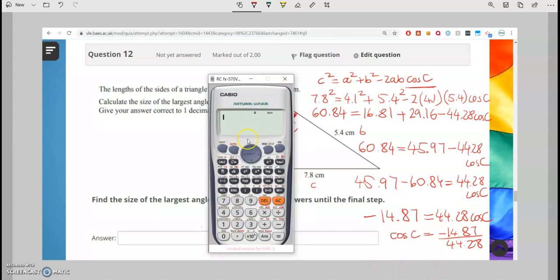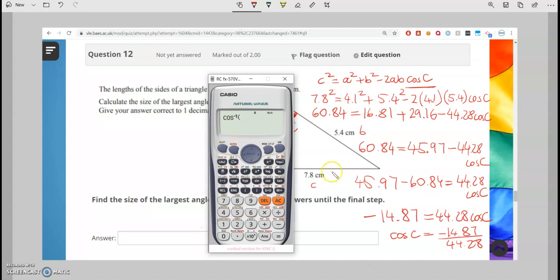And we know that this is the answer to the cosine of C, but we don't know what C is, what the angle is. So to do that, we'll reverse the process. Rather than using the cosine button, we'll use this one at the top. So we'll click on Shift and then the cosine button, and you can see this minus one here, which means the inverse of cosine.